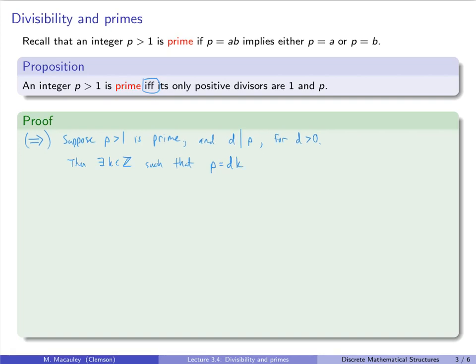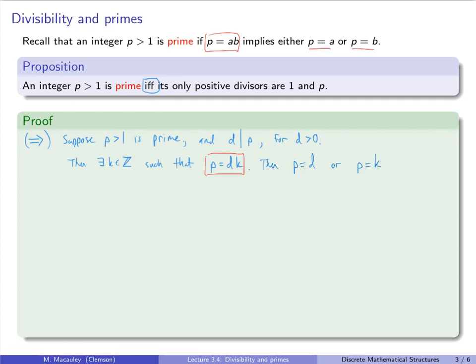Okay, so now it's tempting to use what we know is true, which is the result, and we don't want to do that. Let's just use the definition of prime, and that's convenient. If p equals ab, well, that's exactly what we have right here. So we conclude that either p equals a or p equals b. Then p equals d or p equals k.